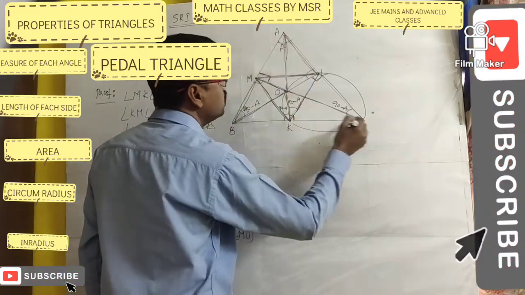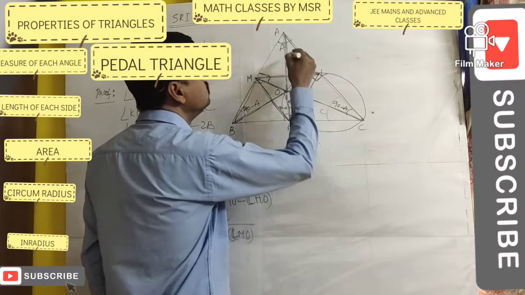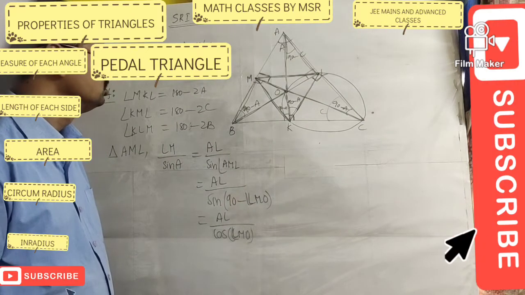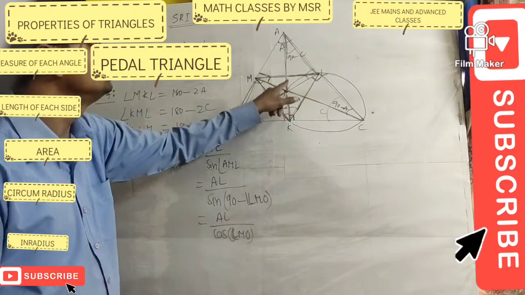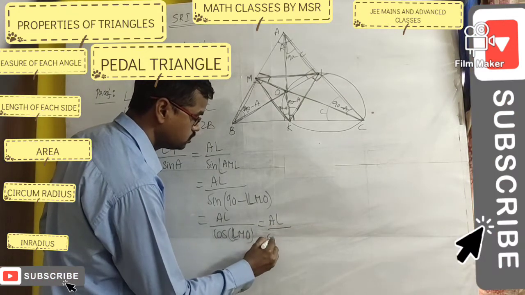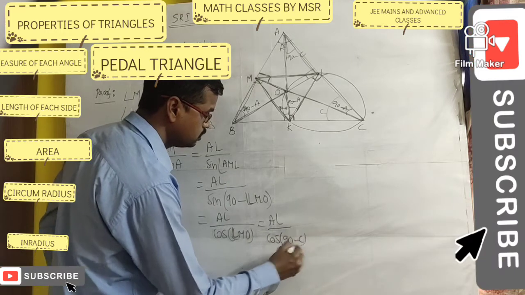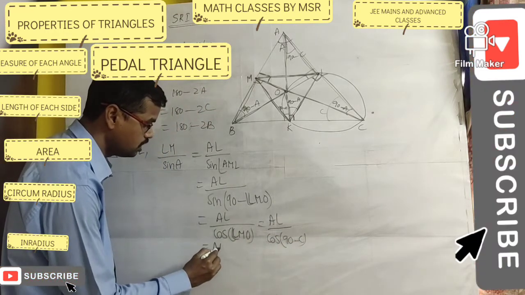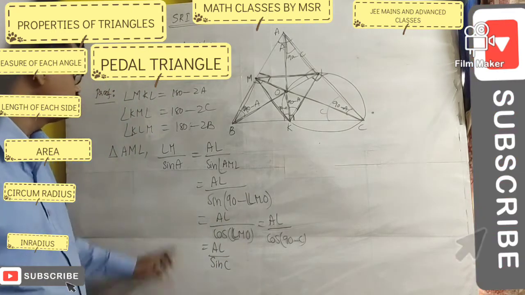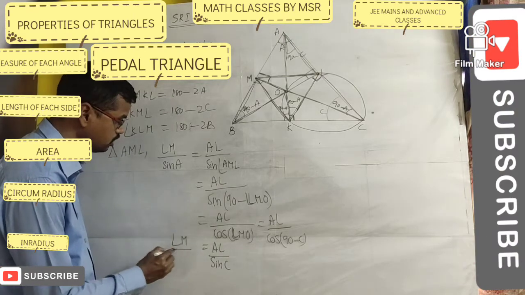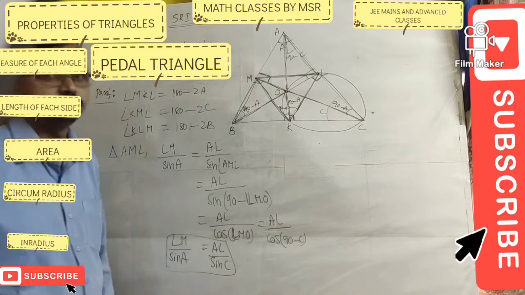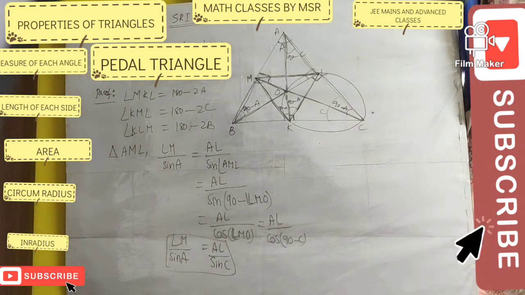In triangle AKC, this angle is C, so this angle will be 90 minus C. So I can write angle LMO as AL by cos of 90 minus C, that is AL by sin C. So LM by sin A equals AL by sin C, we got.